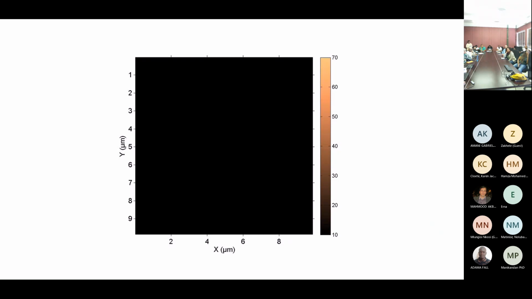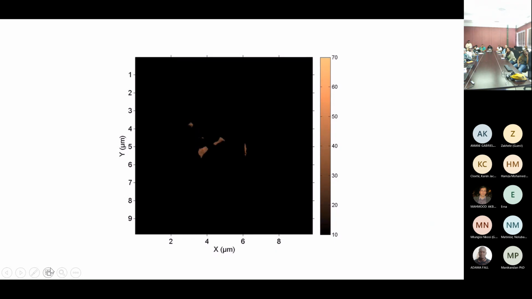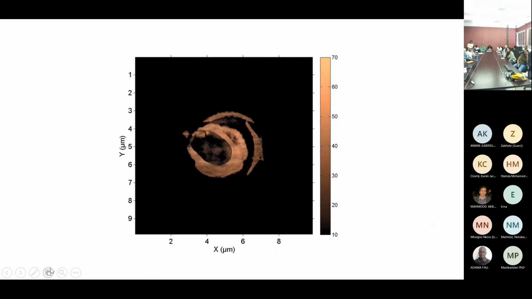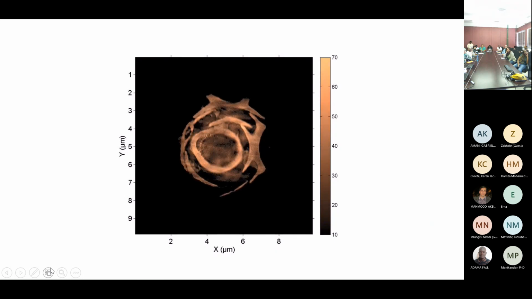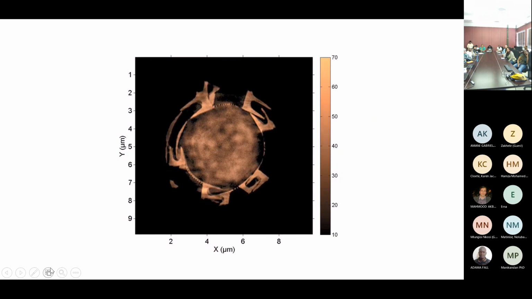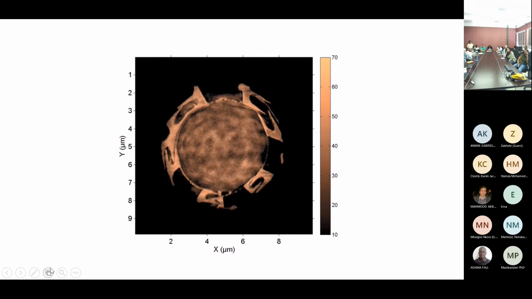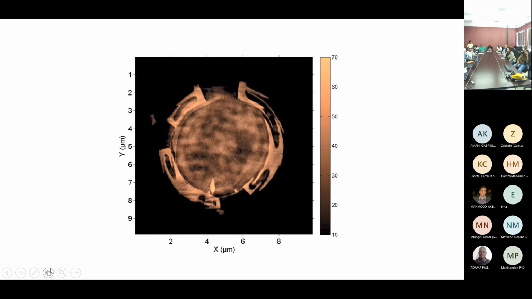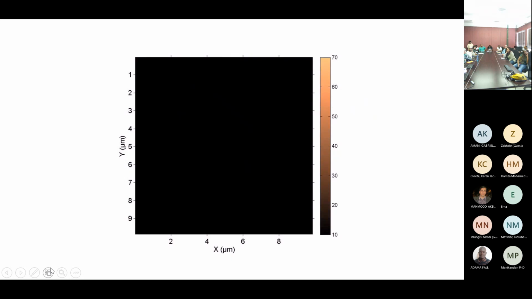If you can start the movie, maybe. So you see, now we are going to see what's going on inside the coccosphere, and you can observe the formation of the coccolith. And this is the only way that you can do it, using coherent diffraction imaging. There is no other way of doing that. Okay.